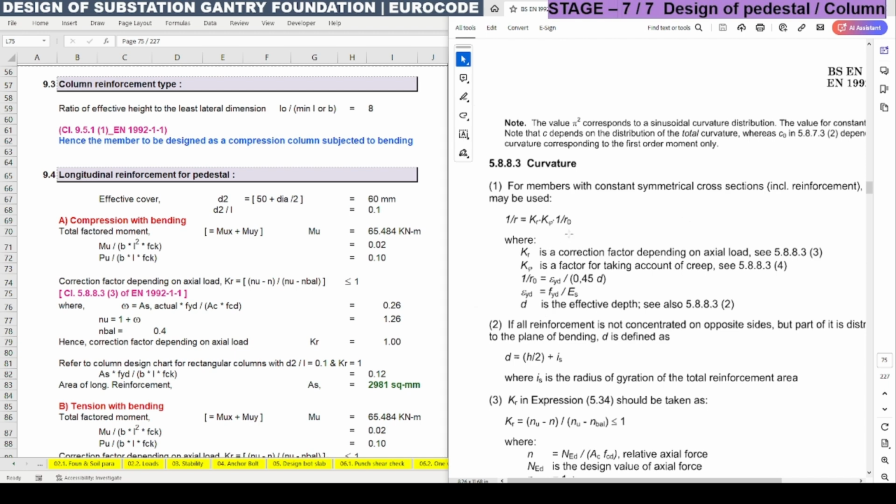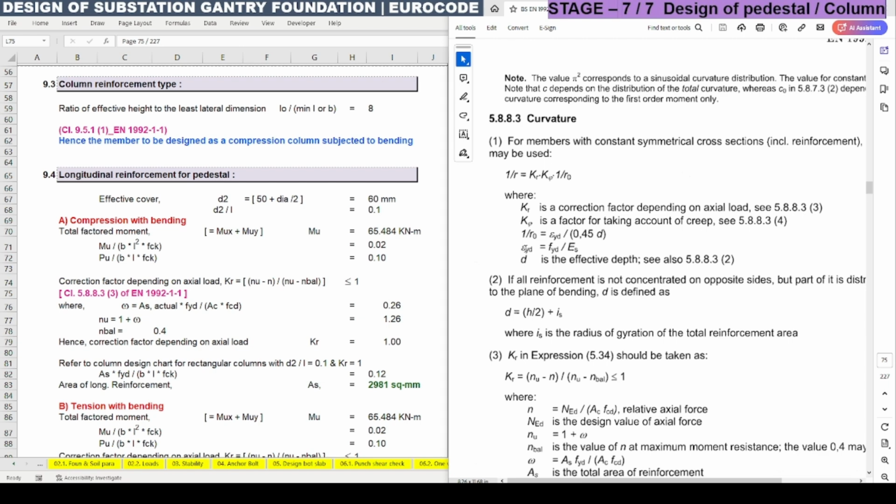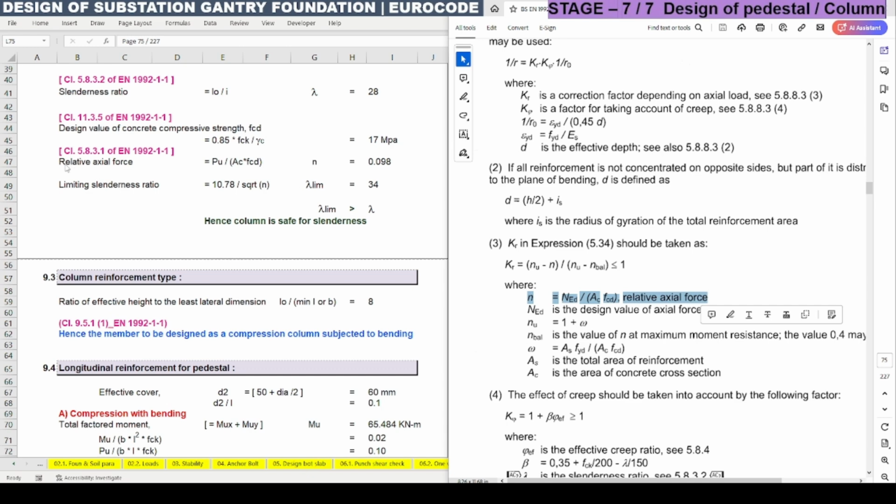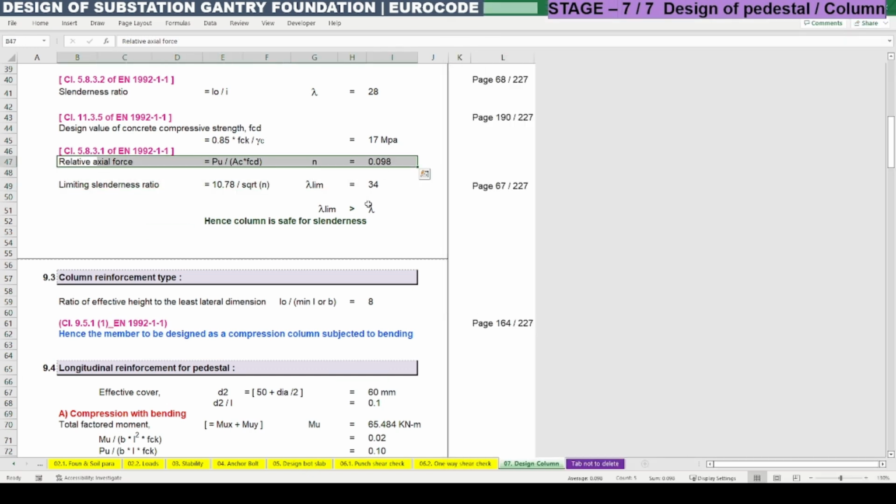Here you can see, in order to find the curvature or correction factor, the equations are given. In note 3 the Kr expression is given. Kr equals nu minus n divided by nu minus n balance, which should be less than or equal to 1. The definition for n is also given here. n we already calculated as the relative axial force, which is calculated here to check the slenderness value.